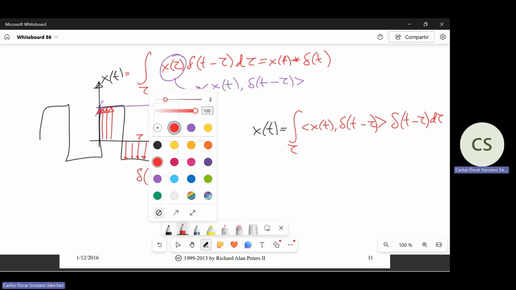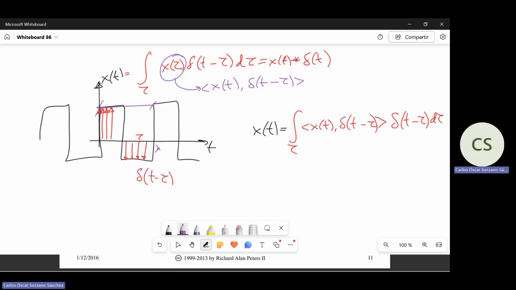So this is E1, this thing is EI, or E tau in this case.